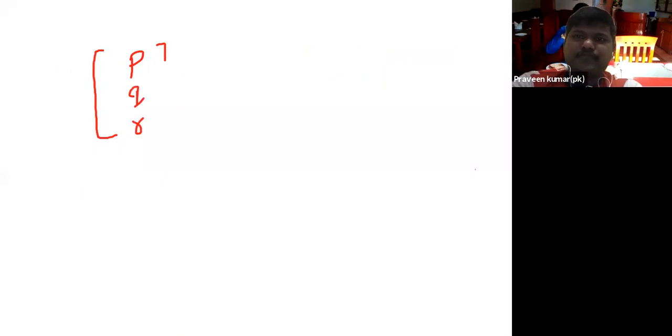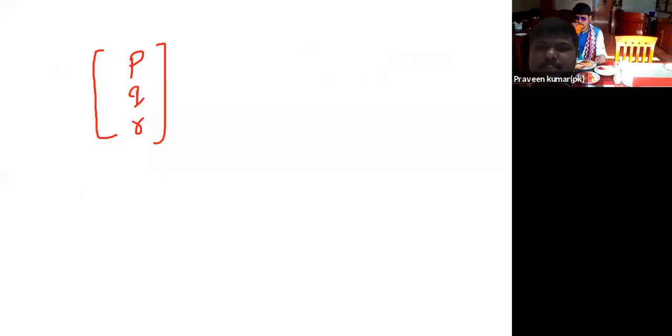Now, dear students, I'll give one more example to you. P, Q, R. What is the order of this matrix? Order means always first we see rows.